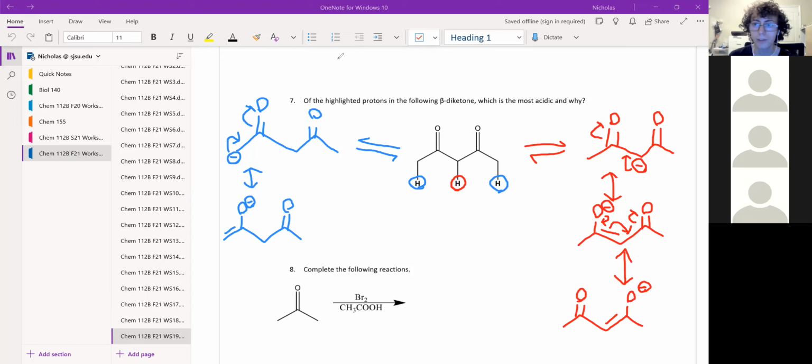So the one in red has 3 resonance forms, and the one in blue has 2. We discussed this earlier: the more resonance forms a structure has, the more stable it is.